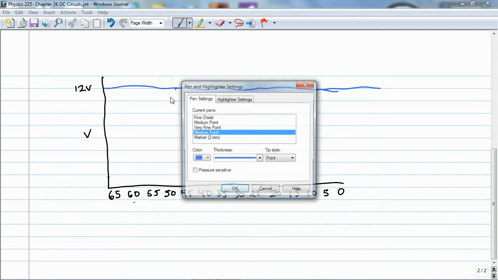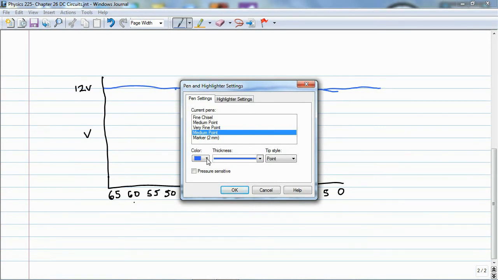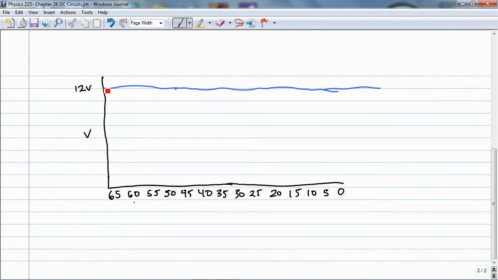But if I add in the model of the imperfection, that internal resistance, what happens is that the potential will maintain pretty close to 12 volts. And then once you get down to this very low resistance, you'll see it start to dive down towards 0. And we'll talk about why that happens. But the red is the actual, real life.